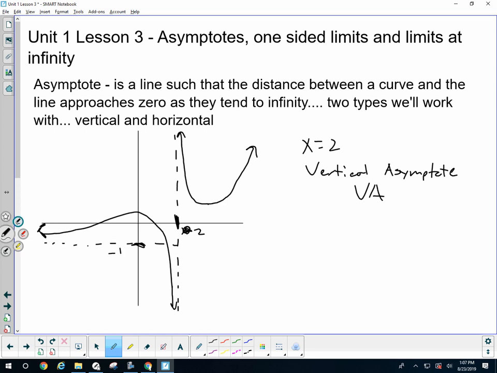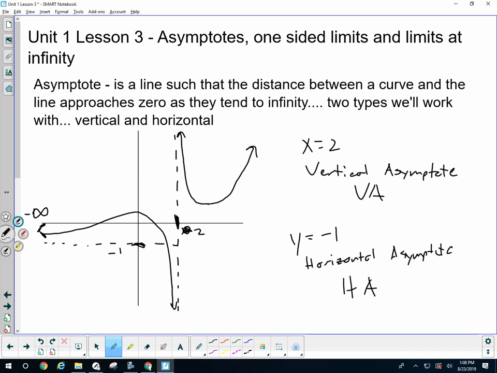Now, we're not going to just focus on where do we have horizontal asymptotes. Instead, we're mostly looking at end behavior. I would say that as I approached larger and larger values to the left, so if I trended towards negative infinity, my function would be trending towards this y equals -1 line. So I would say y equals -1 is a horizontal asymptote. I'm going to use HA for short.